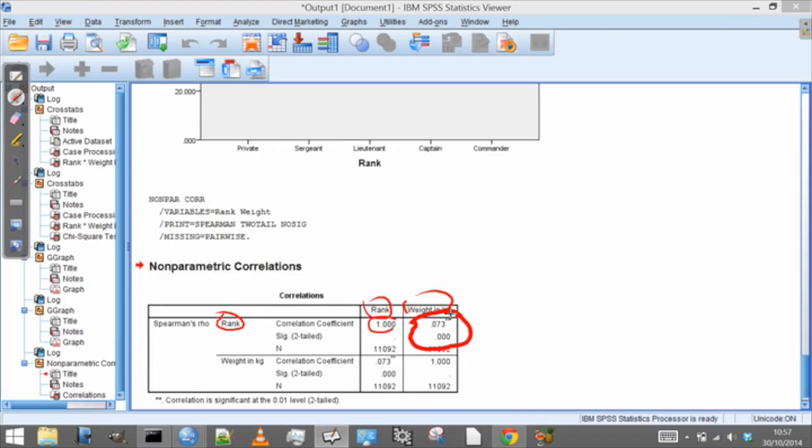So this means that although we can show statistically that weight seems to increase with rank, it's very weak, so it may be an inconsequential relationship. And that's something we would decide, perhaps in our discussion, using our judgment as the researchers, as to whether that correlation was really that important.